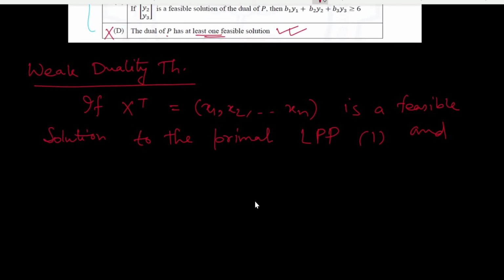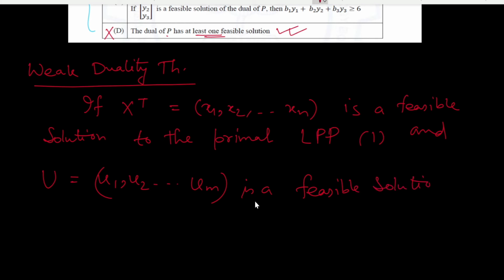and u equal to u1, u2 and so on up to um is a feasible solution to the dual.